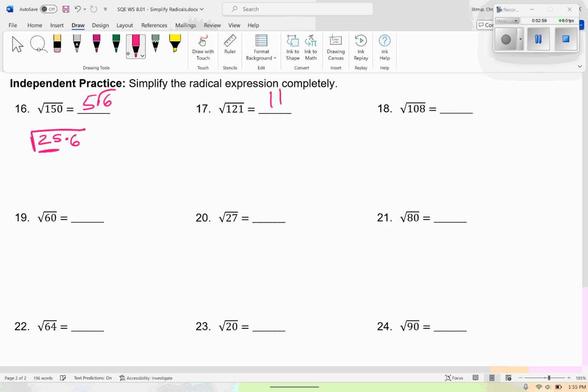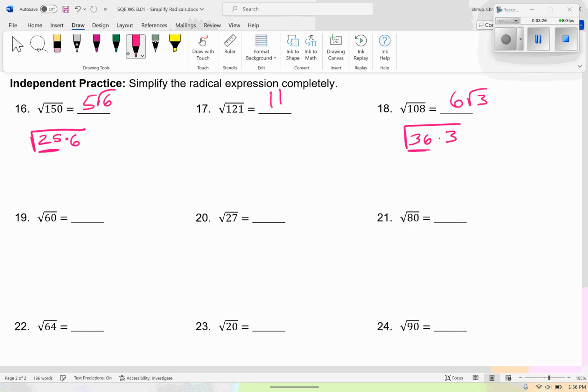Times 3. Good. If you're using a calculator, just go backwards on it, and then you realize, oh, 36 times 3 gives me 108. They're both still under the square root sign. So if I take the square root of 36, I get 6, and then I have square root 3. Okay? I'm writing this up here, you don't have to. Just kind of do it with your finger.